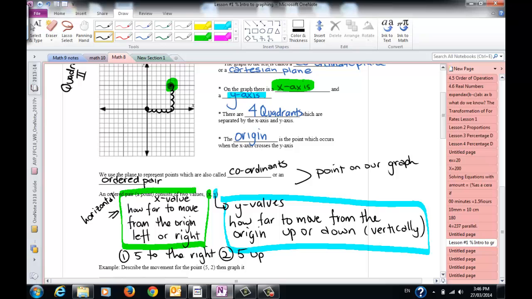And so we represent this as an ordered pair as 5, and that's from our x value. We moved over horizontally 5, and then we moved up 5. We're going to do a bunch of these.